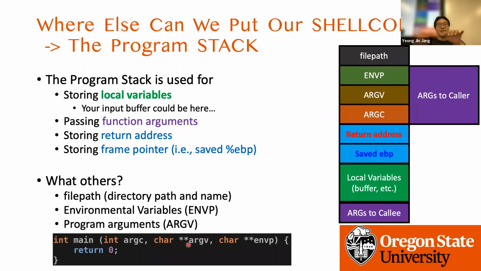If you have a program A, and you run ./A 1 2 3 4 5, then these are the program arguments. Those arguments will be passed to the main function, and that is also on the stack like this.